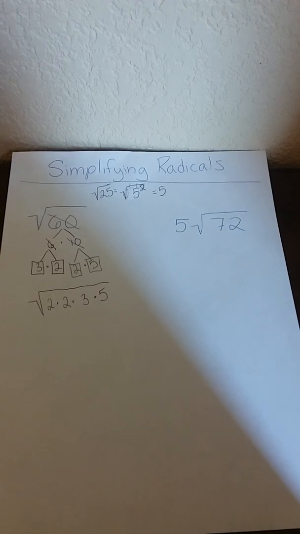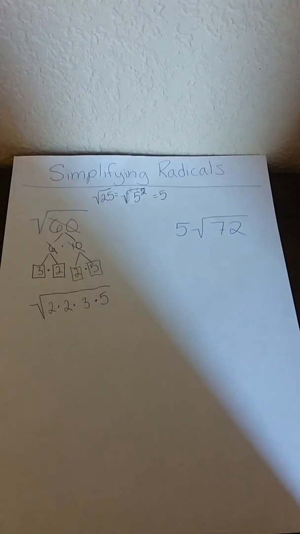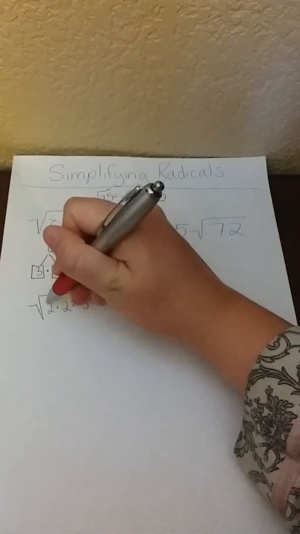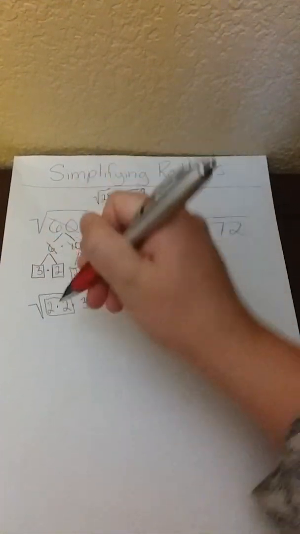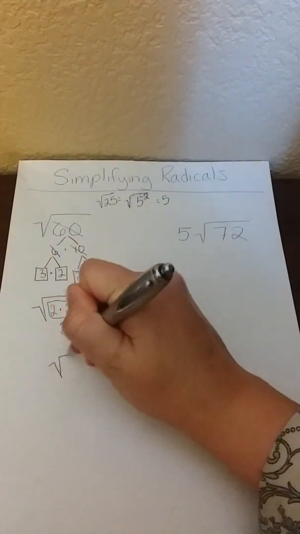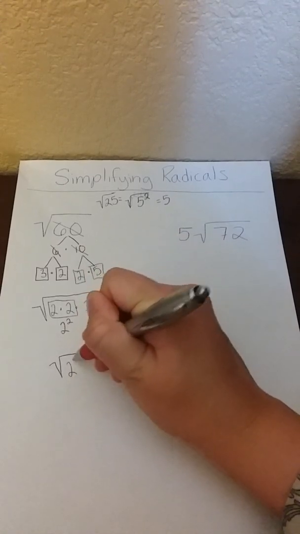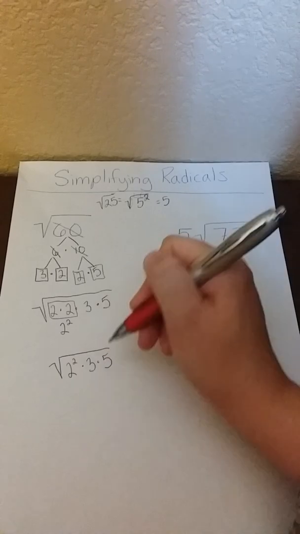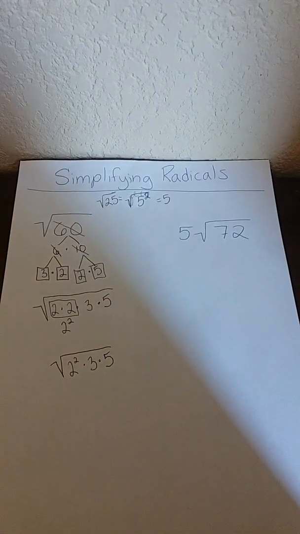Okay, the reason I do this is because what I'm really looking for is things that I can write as squared. So for example, 2 times 2 can be rewritten as 2 squared. So I can rewrite this as 2 squared times 3 times 5.